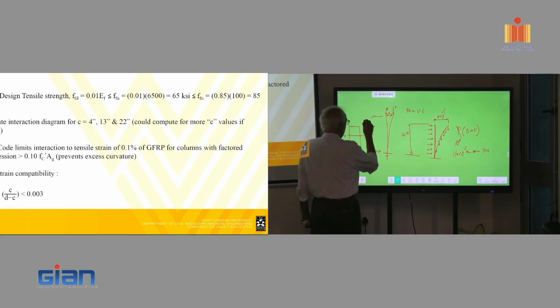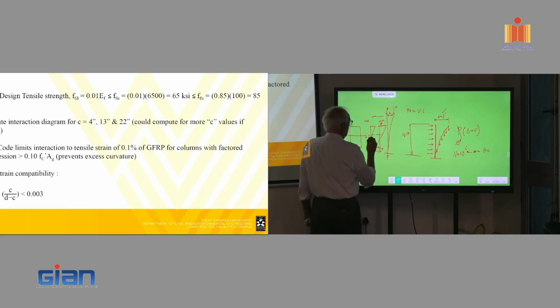For say C is 4, C is 12, it will be like my strain in the concrete increases and increases. It did not reach 0.003, and this is less than 0.1.